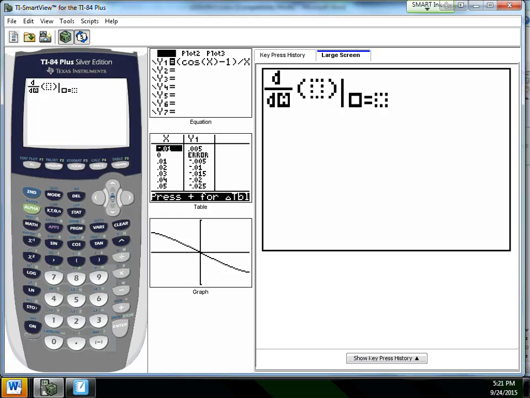So it says we're going to take the derivative with respect to x. Now what was that function? X, I think, to the power 3, plus 3 raised to the x.